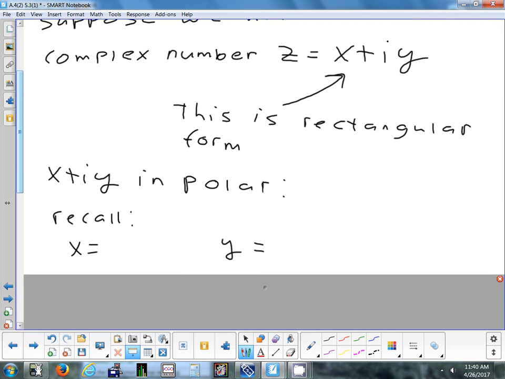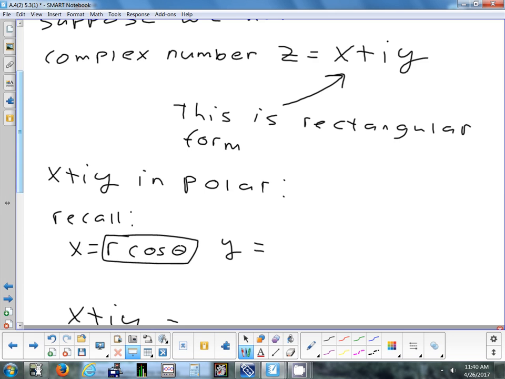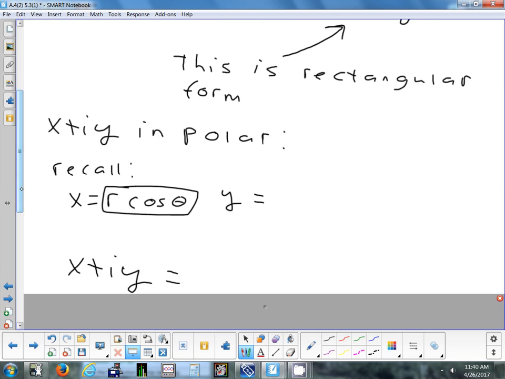So does anybody remember the formula that has those letters in it? It was x equals, and then there was a formula that had a trig function in it too. Yep, x was r cosine theta. And does anybody remember what y was? R sine theta.